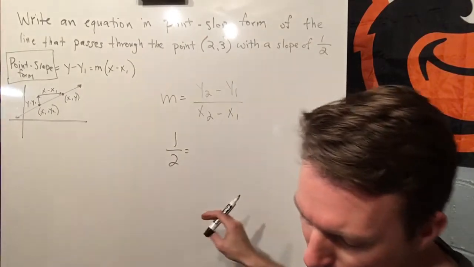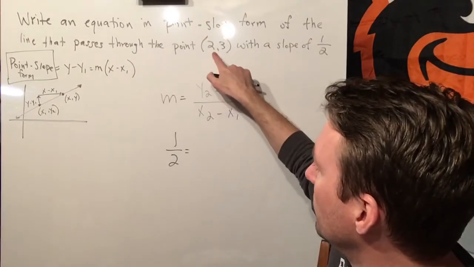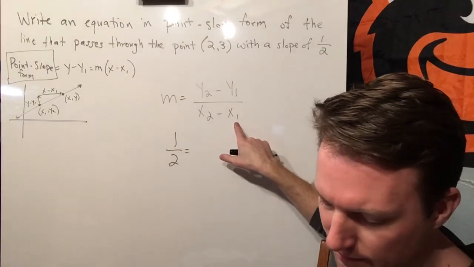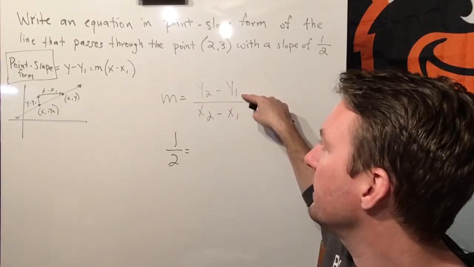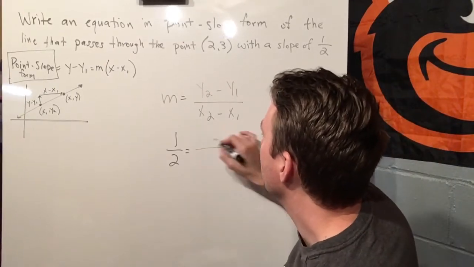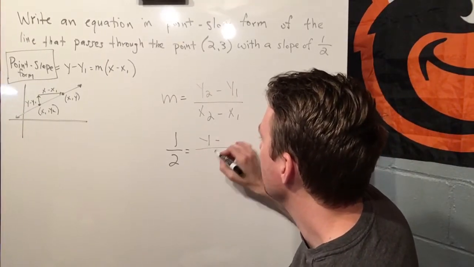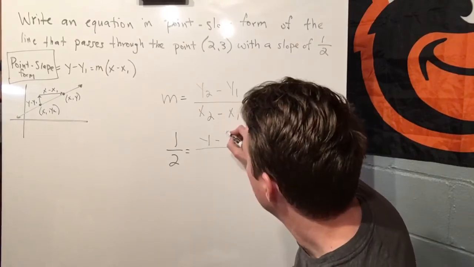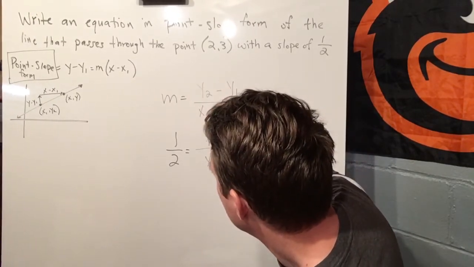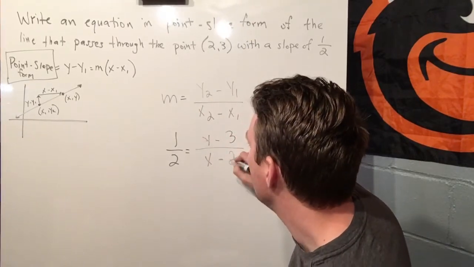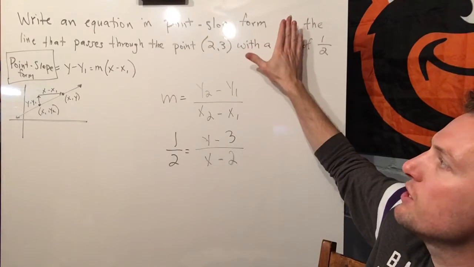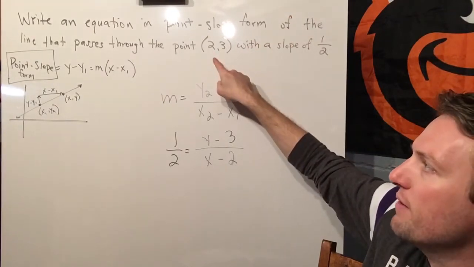And then what we're going to do is we're going to take our 2 and plug it into x, because that's representing x, and 3 and plug it into our y. So what we're left with when we do that is y minus 3 over x minus 2. So really what we've done is we've just taken our information from our problem that they've given us.